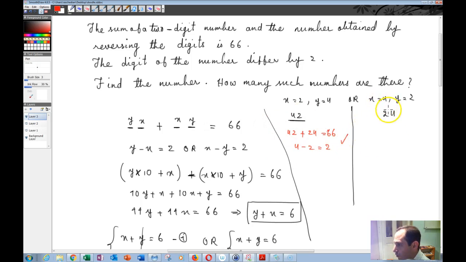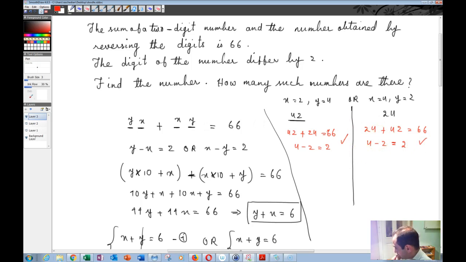And here your original number is 24. If you reverse the digits, you get 42. So that's 66 again. And of course the digits differ by 2, because 4 minus 2 is equal to 2 if you take them in the reverse order. So that could be a valid answer as well.